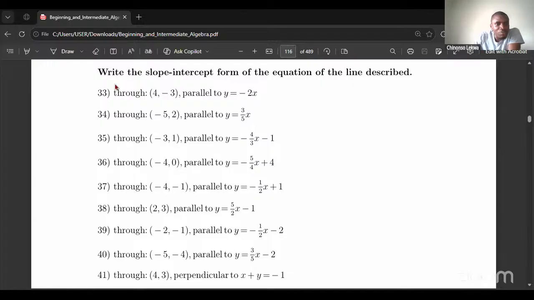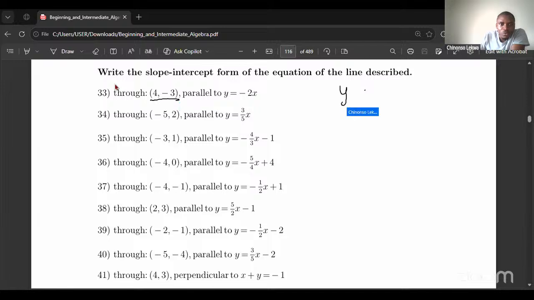So we want a line that passes through 4, -3 that is parallel to y is equal to -2x, for example. What we can pick from this is that the slope of the line is -2.